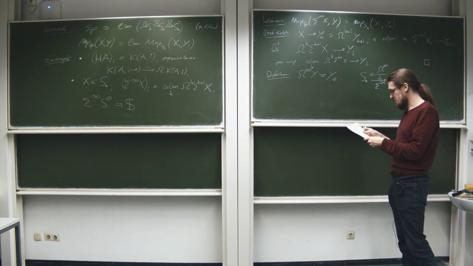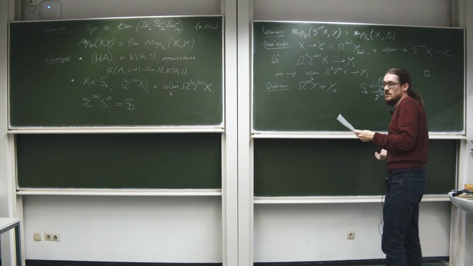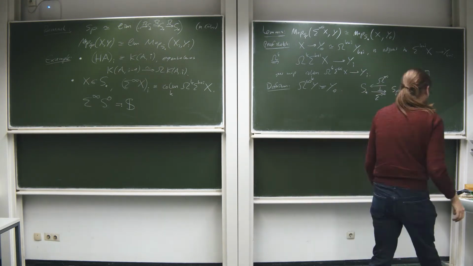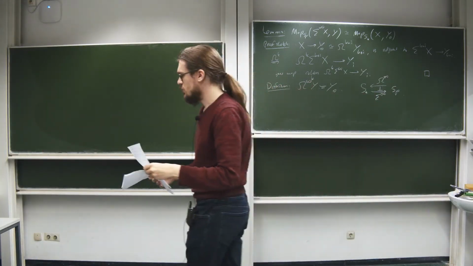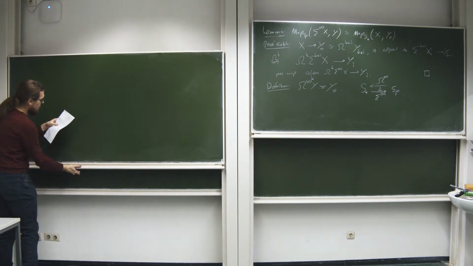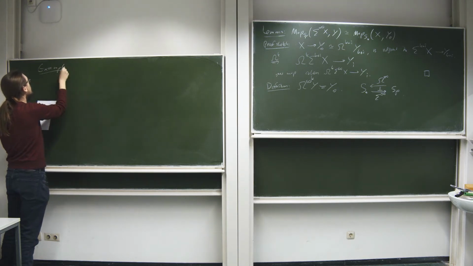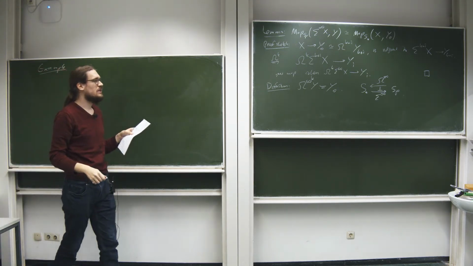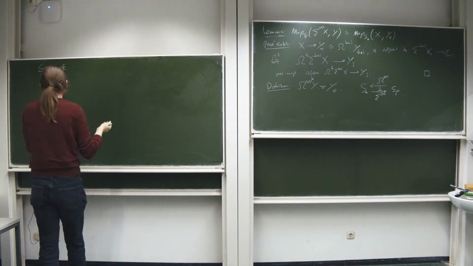One little example for that, actually. Let me give you that after cleaning the board. So one nice example to see how this sigma infinity has something to do with suspending a space infinitely often.